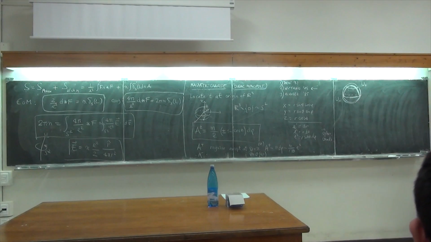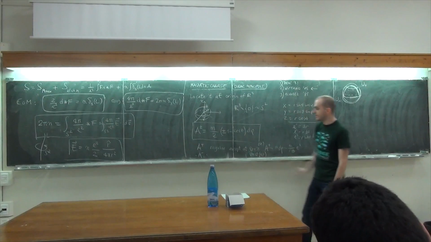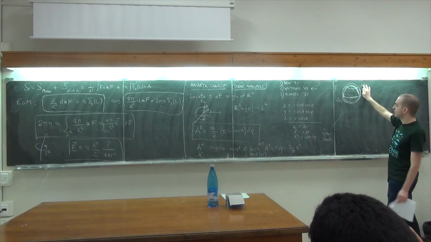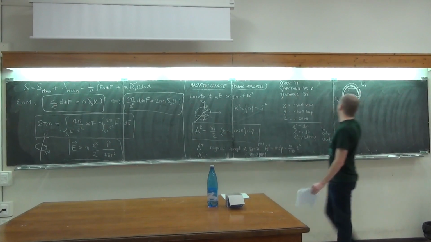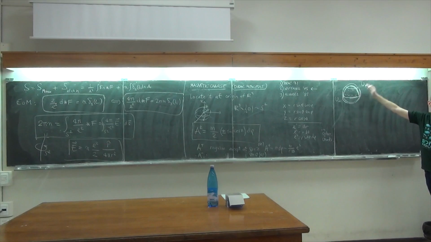And we have given the gauge potential in the two different patches. A plus is well defined on U plus, the north pole patch, and A minus is well defined in the south pole patch. But now, since we're using two patches, we have to express how to glue the gauge field when we go from the north to south patch and when we change coordinates.